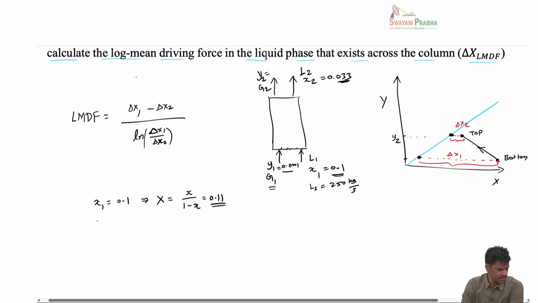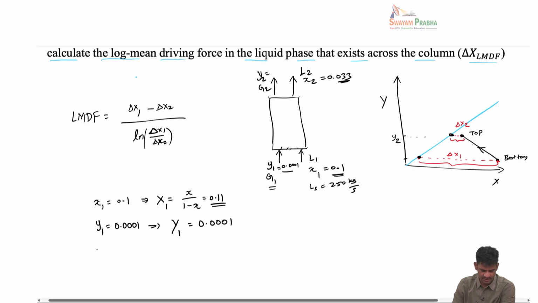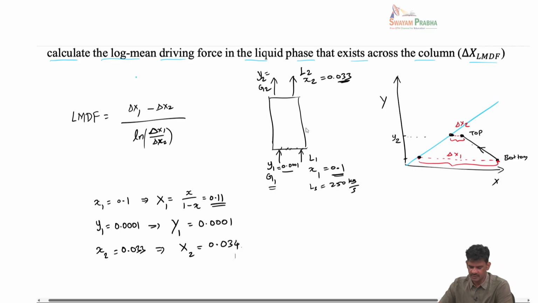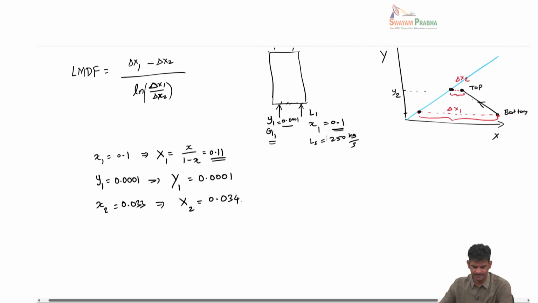Similarly y1 is 0.0001, and converting this into capital Y1, this also will be 0.0001. And x2 is 0.033, so the mole ratio X2 is 0.034. So you have converted all the mole fractions into mole ratios.